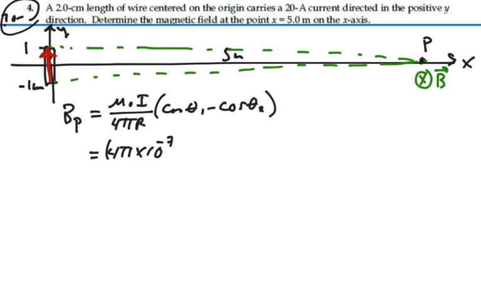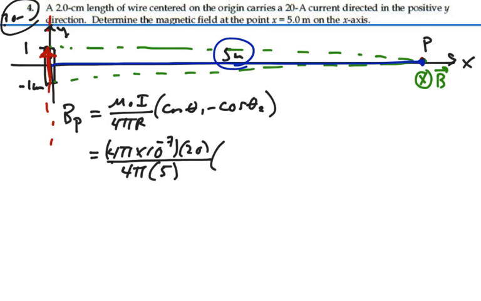Our current is 20 amps. Our distance r is the perpendicular distance to the line of action of this current. The line of action of this current is the y-axis, and the shortest distance to that line is this distance right here to point P, which is 5 meters. So our r is 5 meters.